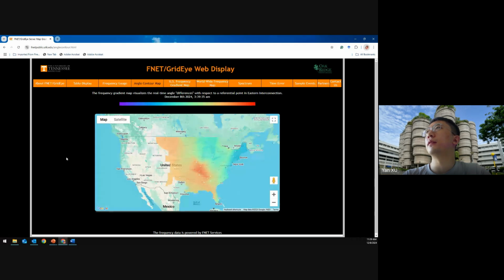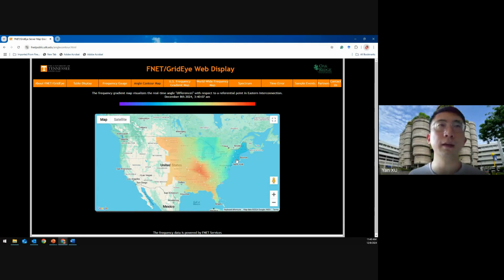And this is a phase angle display. Different colors represent different values of the phase angles. The dark one stands for a small value of the phasor angle, and the red one stands for a higher value. You can see clearly that in the USA eastern part, the middle part has a higher phase angle value and the eastern part has a lower phase angle.